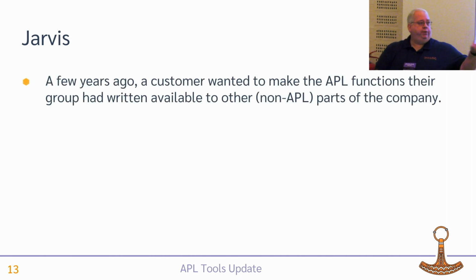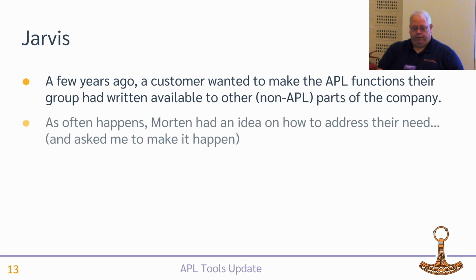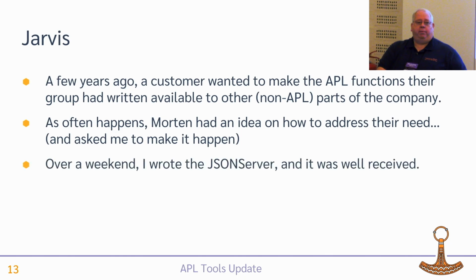So Jarvis. A few years ago, a customer wanted to make their APL functions available to other groups within the company and other non-APL parts of the company. And as often happens, Morton had an idea on how to address their need, and then he asked me to make it happen. So over a weekend, I wrote this thing called JSON server, and it seemed to be well received.